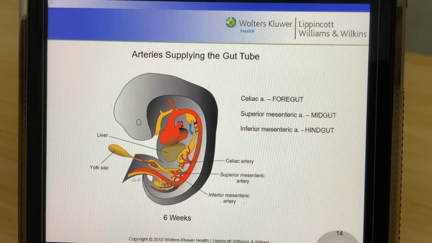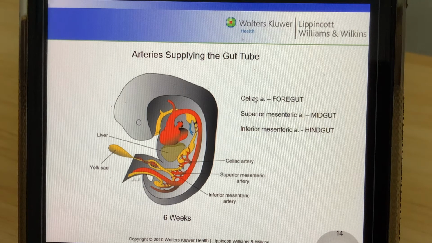So let's go to the arteries supplying the gut tube. This illustration shows us the blood supply to the gut from arteries derived from vitelline vessels.